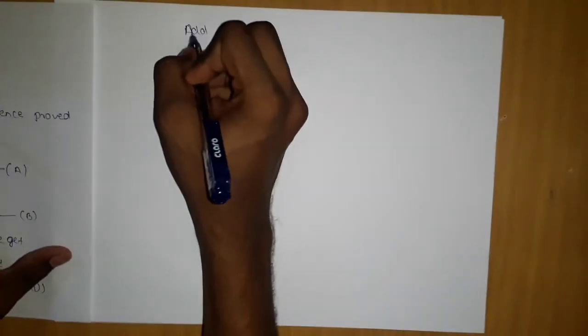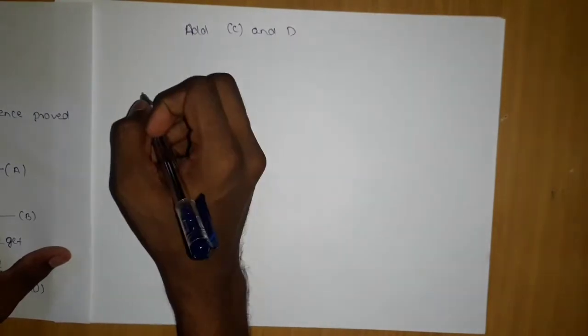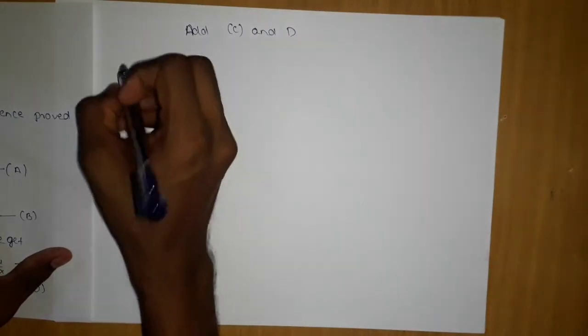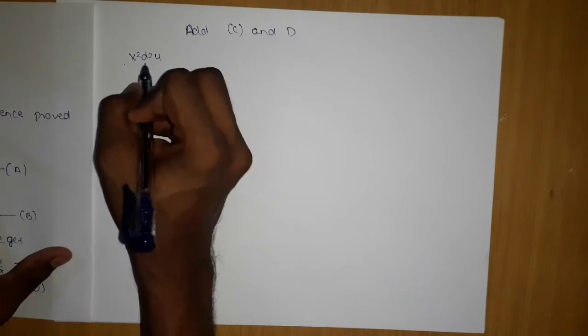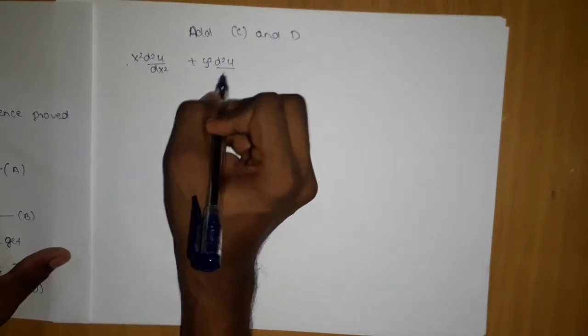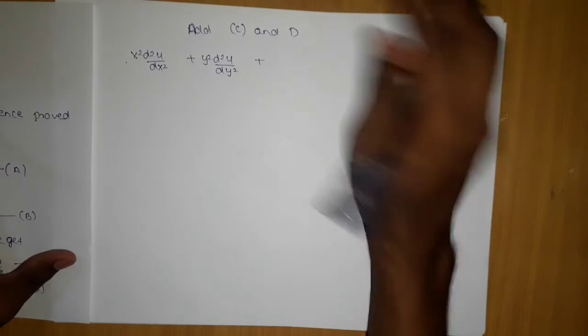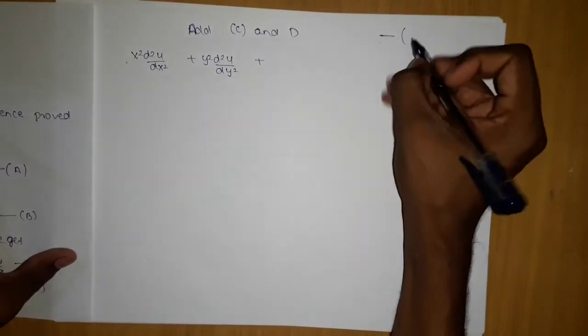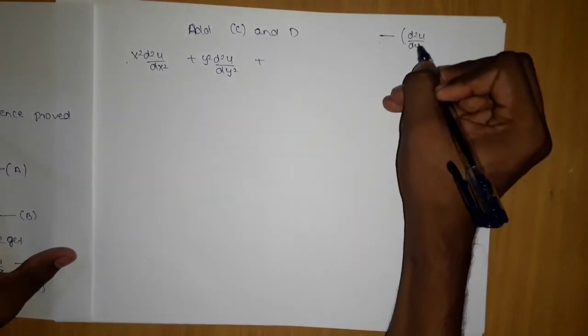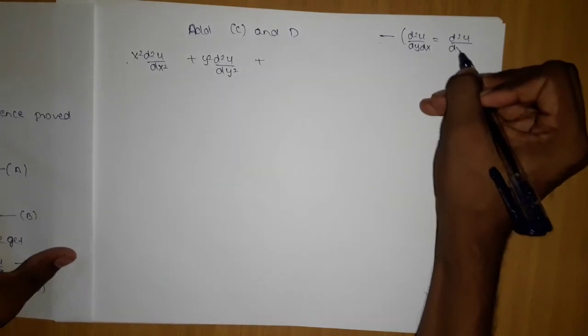Let's call this d. So let's add c and d. If we add c and d, we are going to get, first, x² ∂²u/∂x², secondly y² ∂²u/∂y², and then one property of partial differentiation which we have continuously used till now, which I mentioned: ∂²u/∂y∂x is equal to ∂²u/∂x∂y.